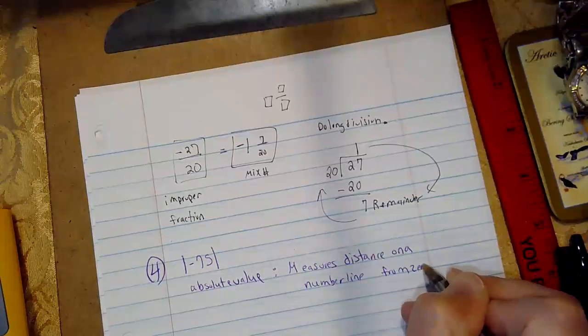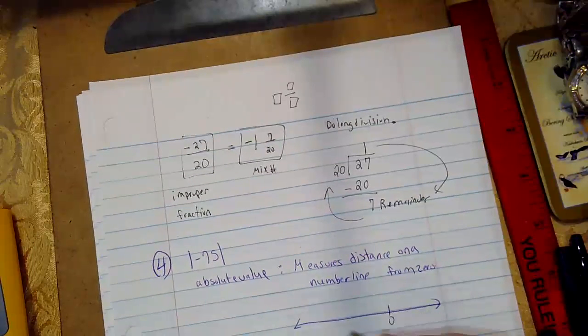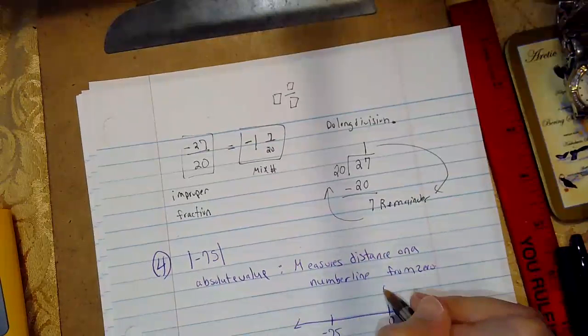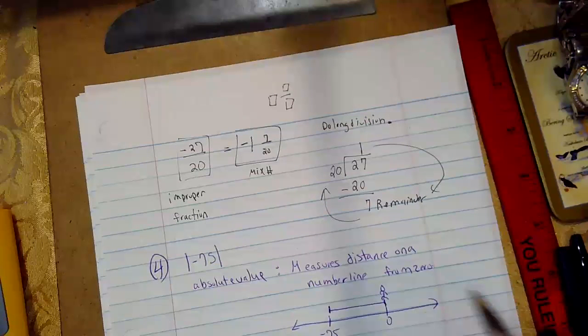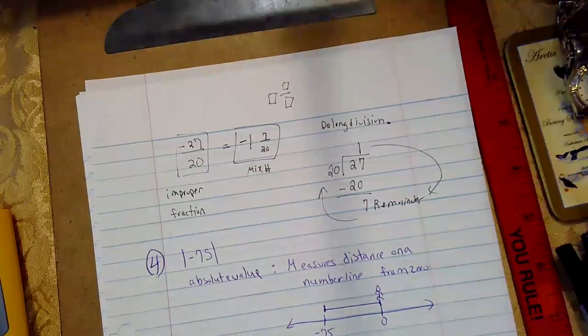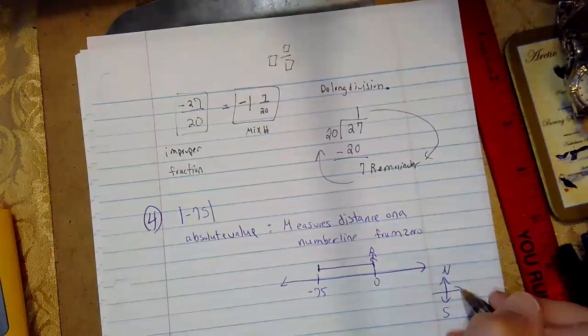So if you wanted a picture of this, here's the number line. Let's say here's 0. Let's say negative 75 is somewhere over here. And let's say this is you with a measuring tape. Nobody's measuring tape or ruler has negative numbers on them, because when you're measuring distance, distance is north, south, east, west.